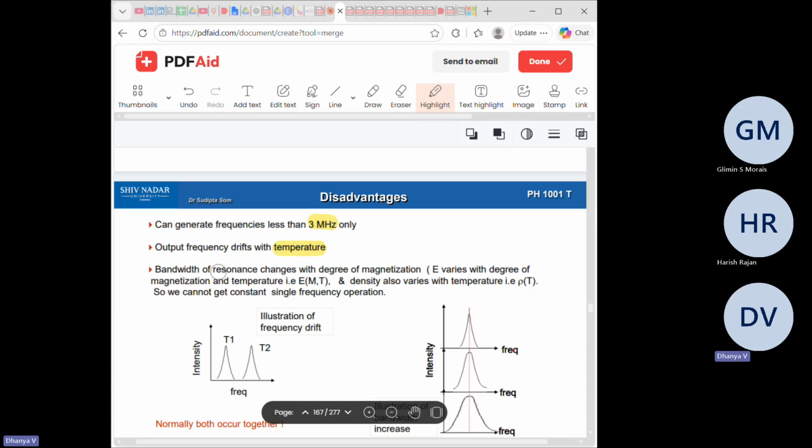Then your bandwidth of the resonance changes with the degree of magnetization. So there is change with respect to temperature. Your E varies with the degree of magnetization and the temperature. So your E also varies, your magnetization also varies, your temperature also varies.